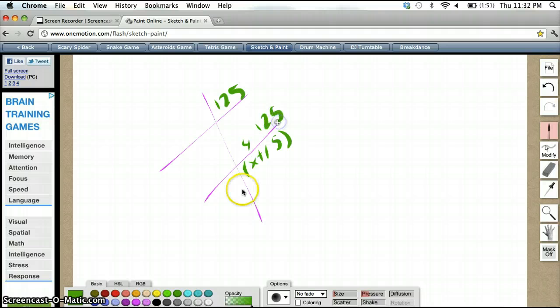If you recall, these two angles are supplementary because both form a straight line. So you would set it up as 125 equals x plus 15.